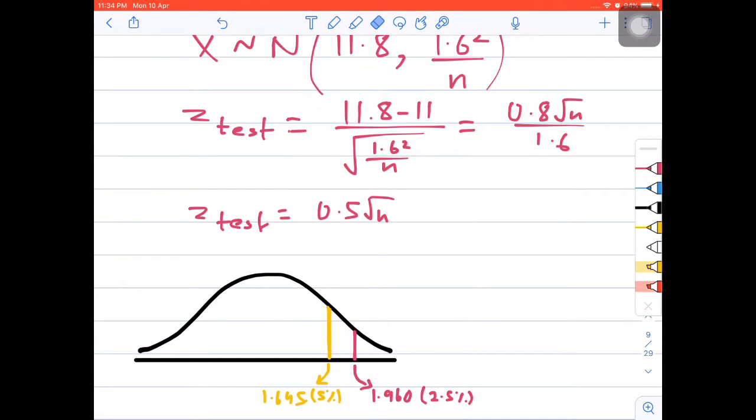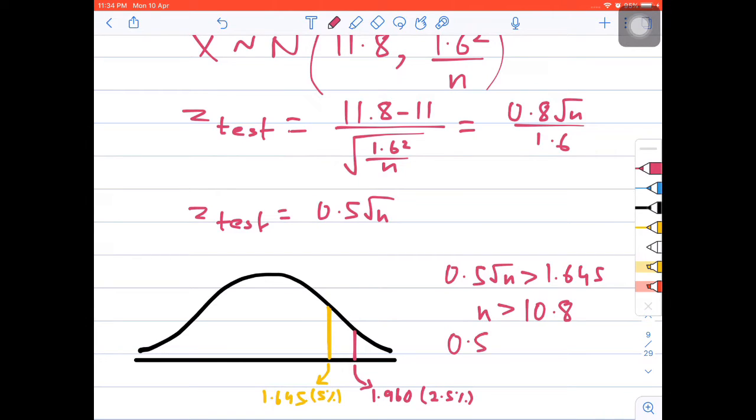Now what we need to do is that the test value should lie between these. So 0.5 root n should be greater than 1.645. That gives us n greater than 10.8.